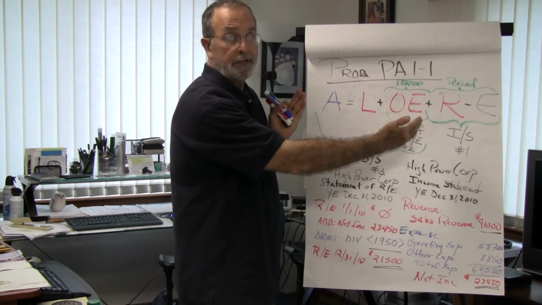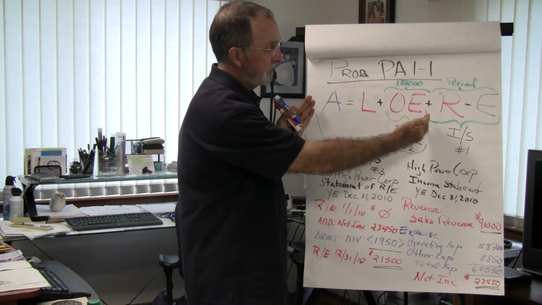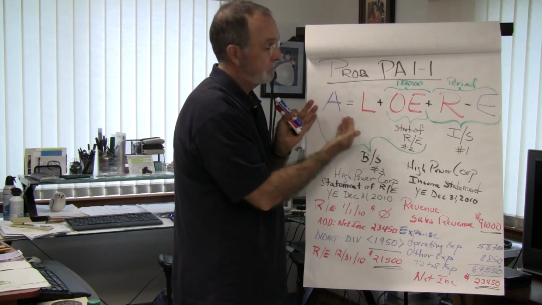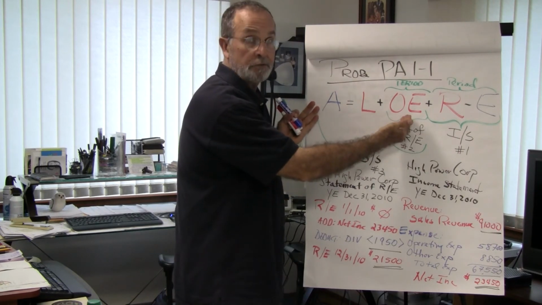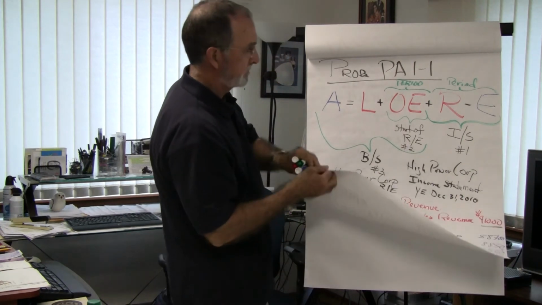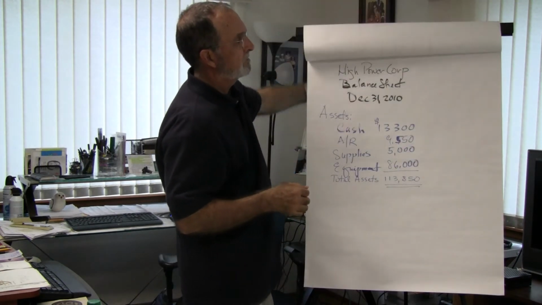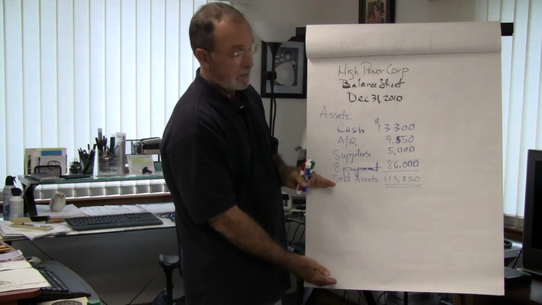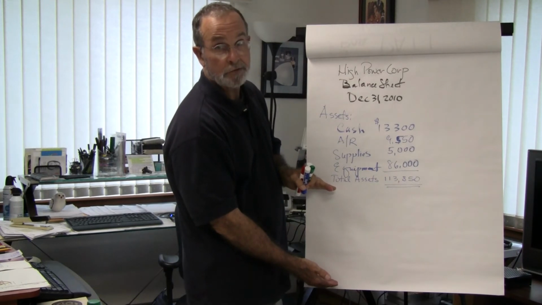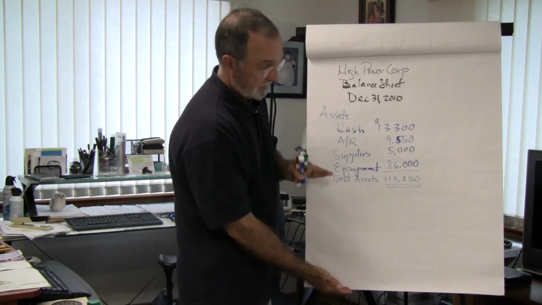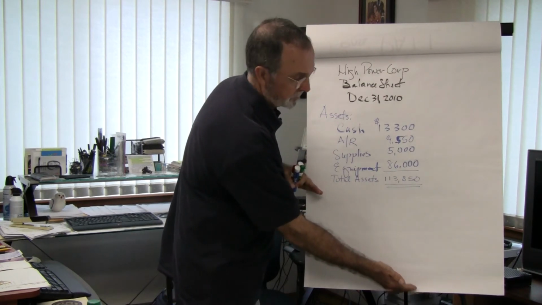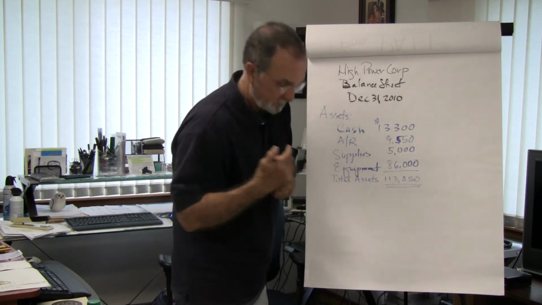So the abbreviated accounting equation is simply assets must always equal liabilities plus owner's equity. So we have our total for assets. We need to show our liabilities and owner's equity below it, and the total of our liabilities plus owner's equity should equal our total assets.